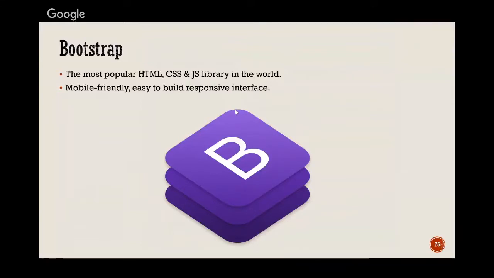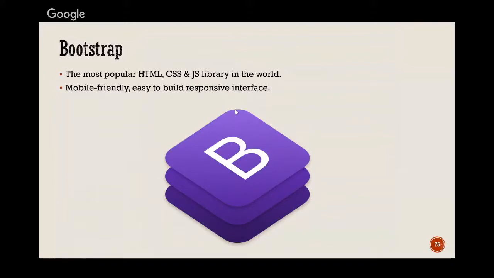The same applies the other way around. If your website design is good on a mobile platform, on a smartphone, it may not look good on a large screen like a PC or laptop. So as long as you use Bootstrap in a correct way, the same code will render your content in a different way so that it will look good on both large screen and smaller screen.